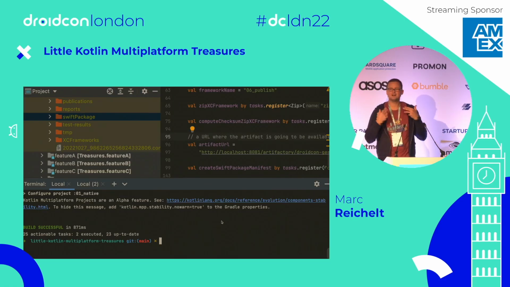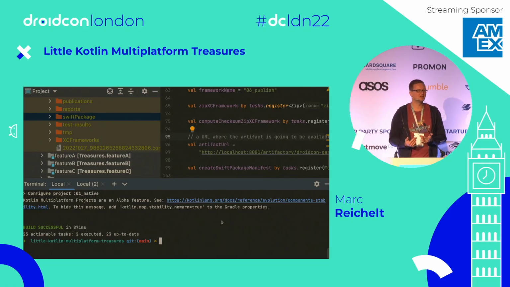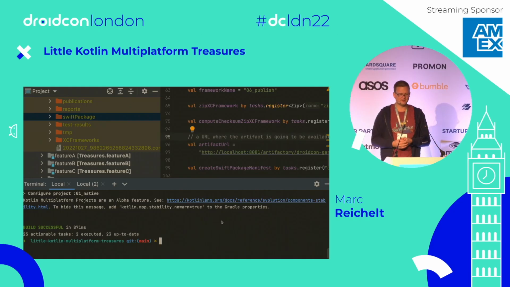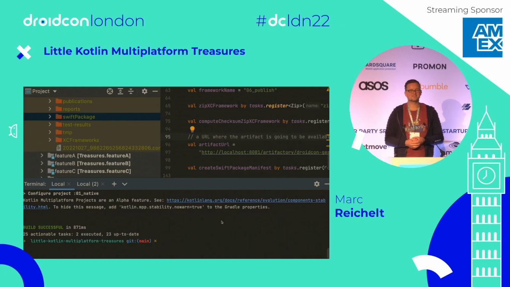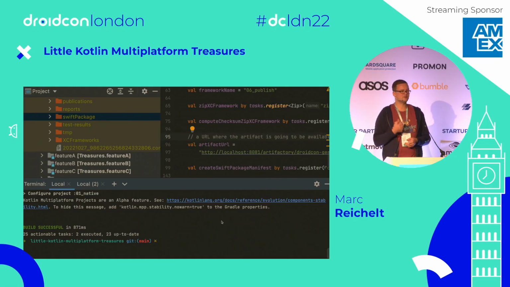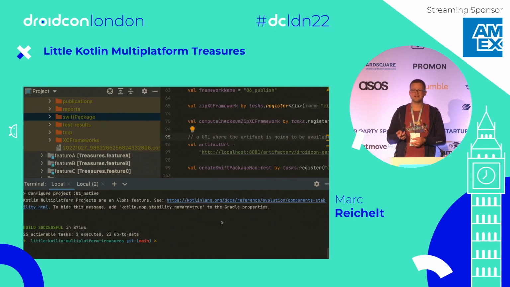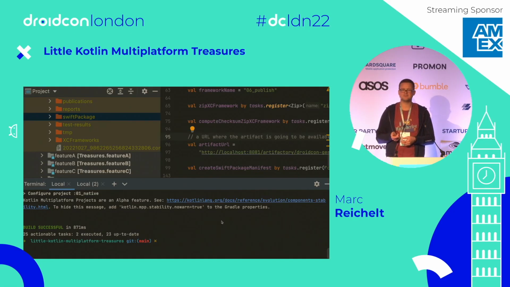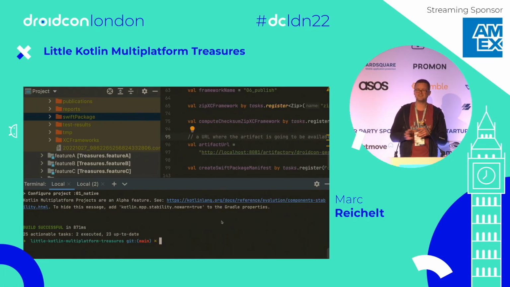Now how in the world do you publish it? I noticed that just a couple of weeks ago there was DroidCon New York, and Nate Ebel had a nice talk about combining brownfield applications with Kotlin Multiplatform. It turns out they were doing a similar thing to what we did, so we found out that we are on the right track.